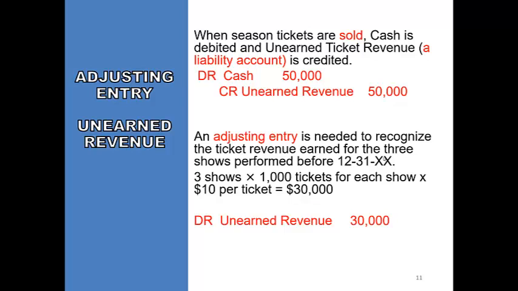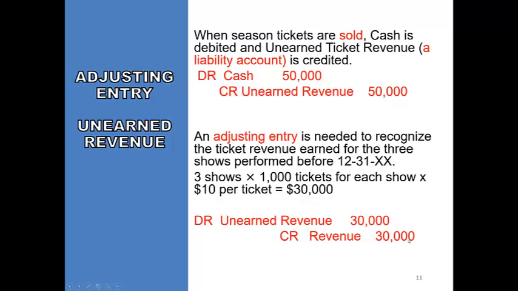So we have earned $30,000, and that means that we need to take $30,000 out of the unearned revenue liability account and enter it into a revenue account. So to do that, we're going to debit unearned revenue to lower the amount in our liability account, and then credit revenue to record the revenue that was actually earned.